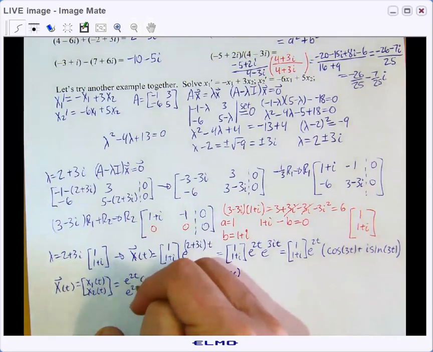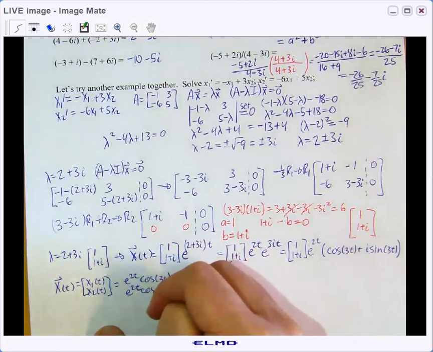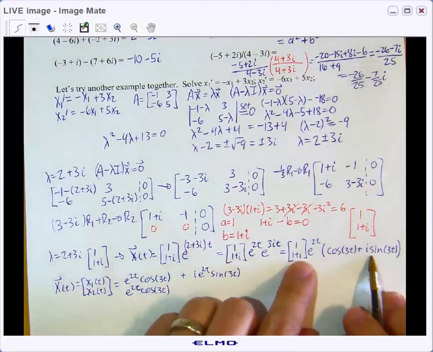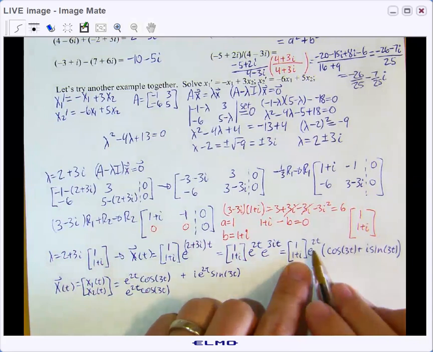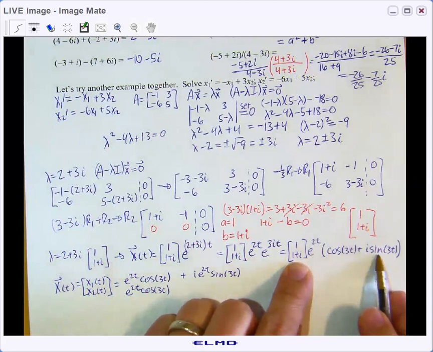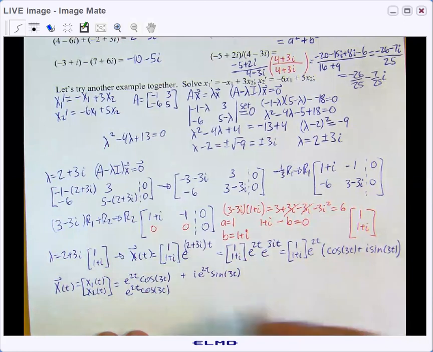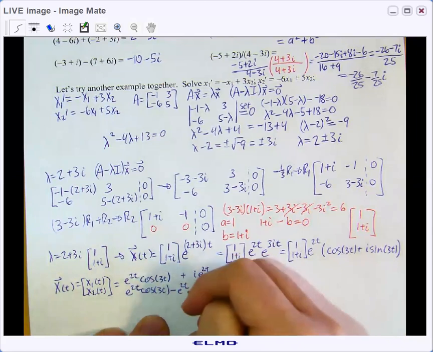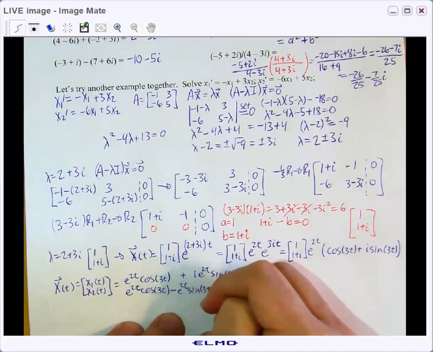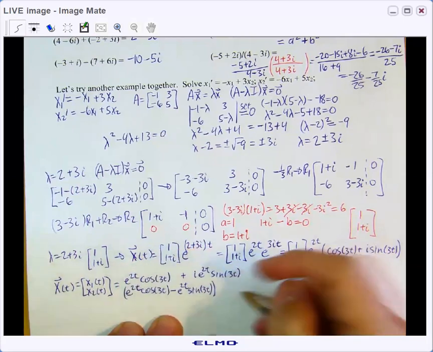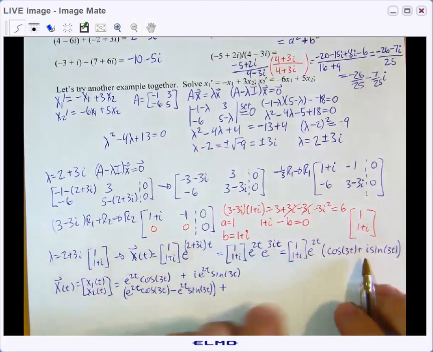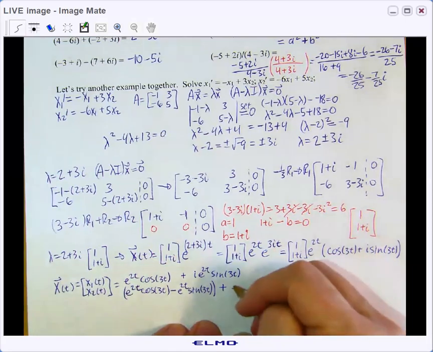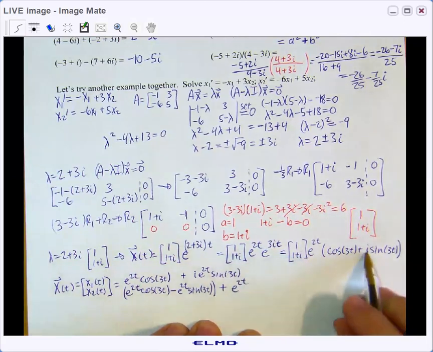So e to the 2t times cosine of 3t, and the other real part will come from multiplying the imaginary components, i times e to the 2t times i sine of 3t, and the i times i makes -1, so this will be minus e to the 2t sine of 3t, plus, and then the next parts we will get the imaginary parts, so we'll get e to the 2t times i sine of 3t.